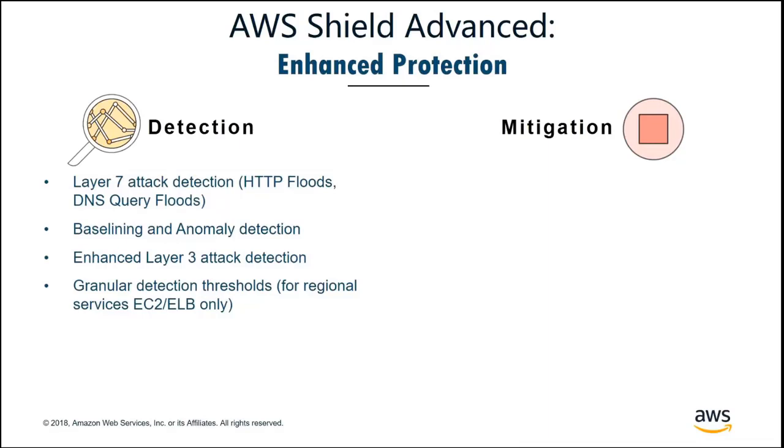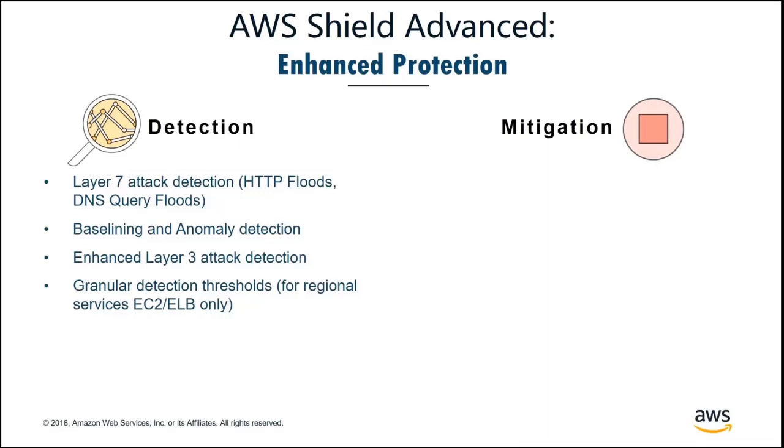You'll get enhanced layer 3 attack detection. What this means is instead of waiting for the underlying AWS service to reach some anomaly threshold, like packets per second reaching an instance at over 1 million, we actually understand what's normal for that resource and can recognize attack signatures against the resource.